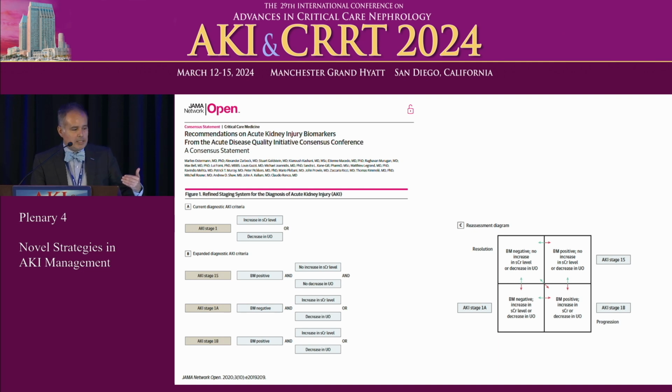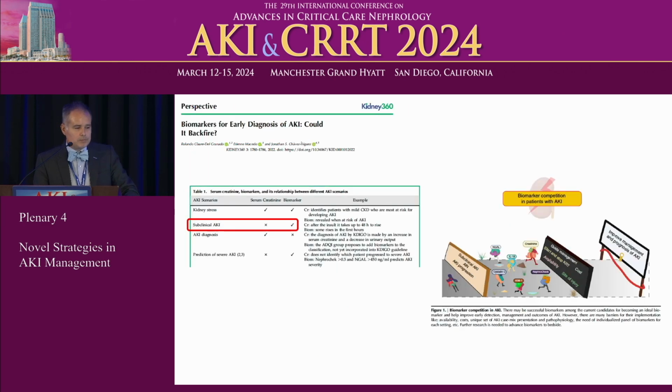Stage 1A is when you have a biomarker negative, but either an increase in your serum creatinine or a decrease in your urine output. And finally, stage 1B is when you are biomarker positive and either you have an increase in serum creatinine or a decrease in your urine output.